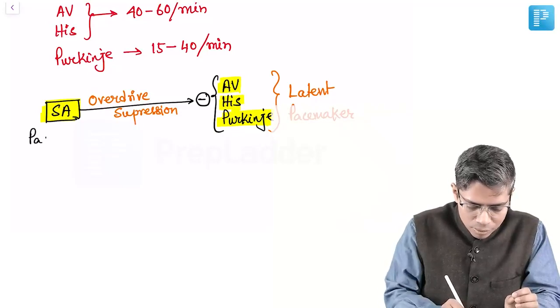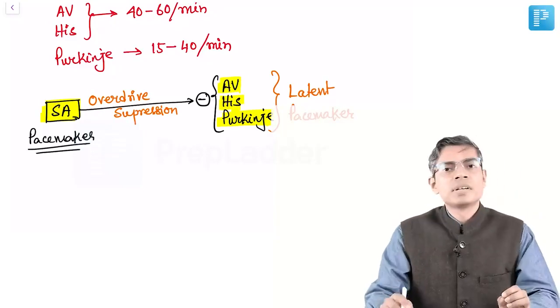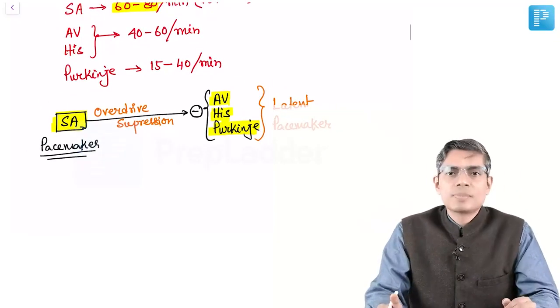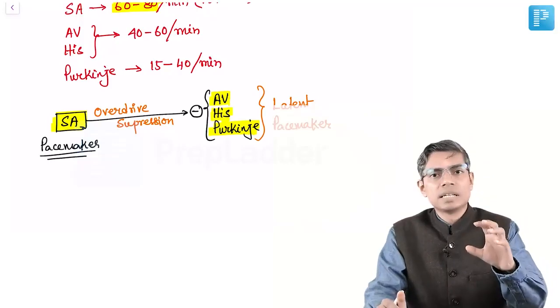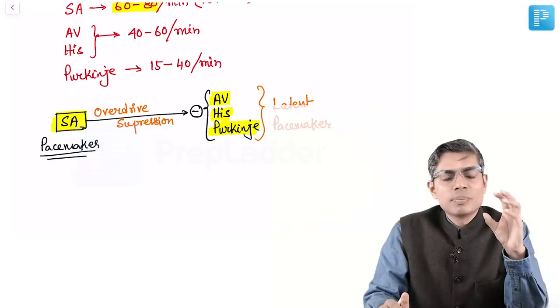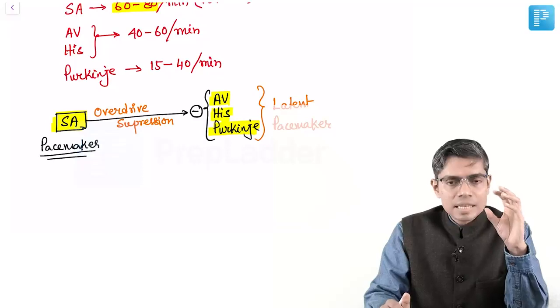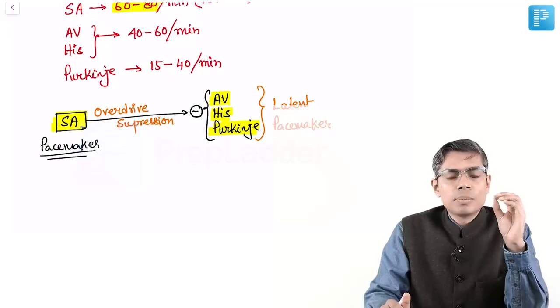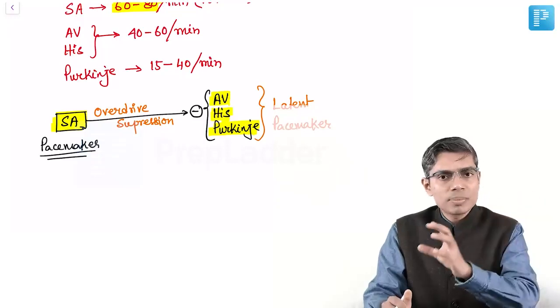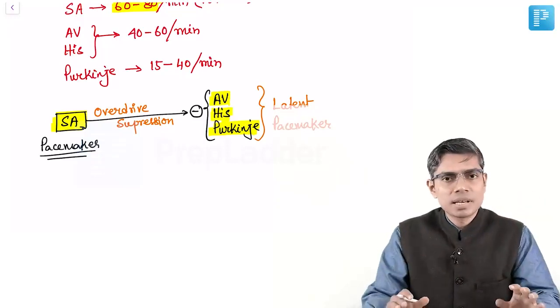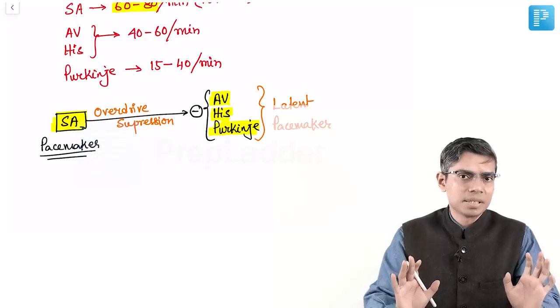That's why it is known that SA node is the pacemaker of the heart. So if I ask you why the SA node is known as pacemaker of the heart, because he is the dominant, he can produce maximum heartbeat. So this SA node is pacemaker due to maximum heartbeat production at the level of SA node. All other pacemakers normally remain suppressed and they are known as the latent pacemakers.